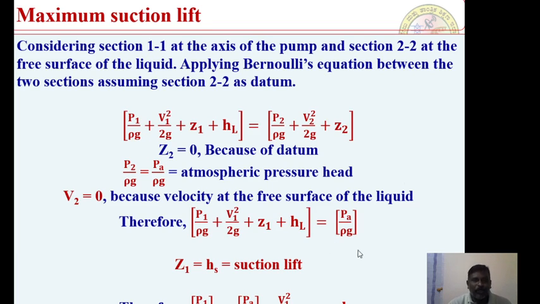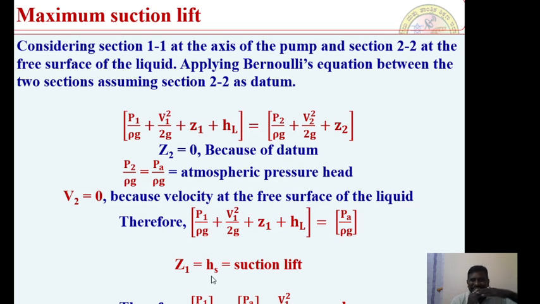Therefore, P2 by rho g is the pressure head at the free surface of the water. It is nothing but the atmospheric pressure head. V2 is equal to 0 because the velocity at the free surface of the liquid is always 0. Therefore, P1 by rho g plus V1 square by 2g plus Z1 plus HL is equal to PA by rho g. What is Z1?